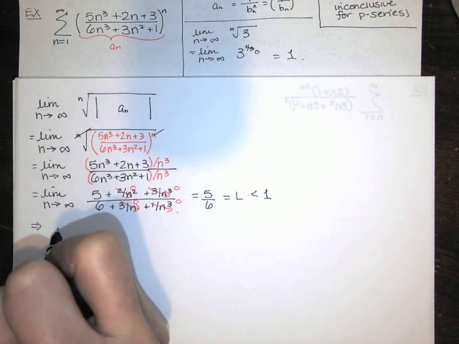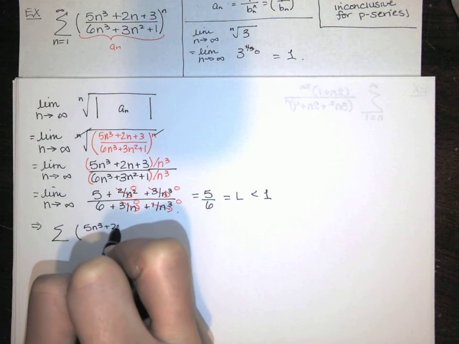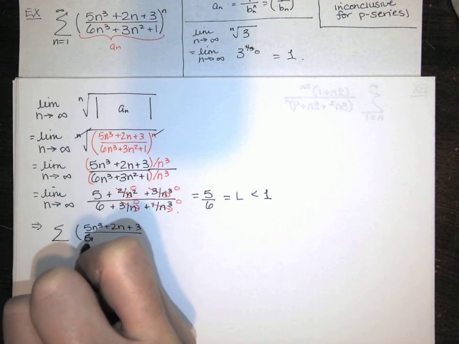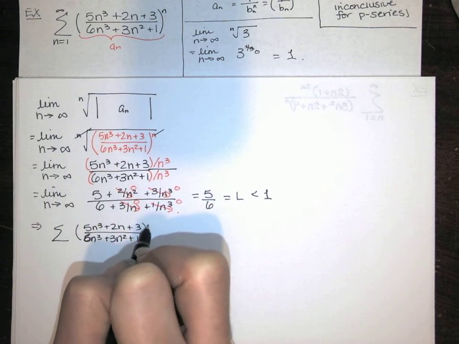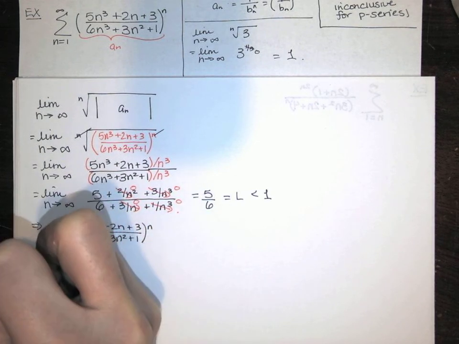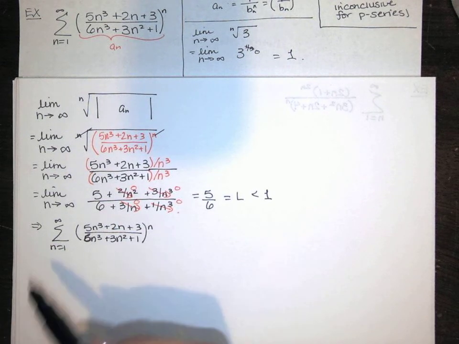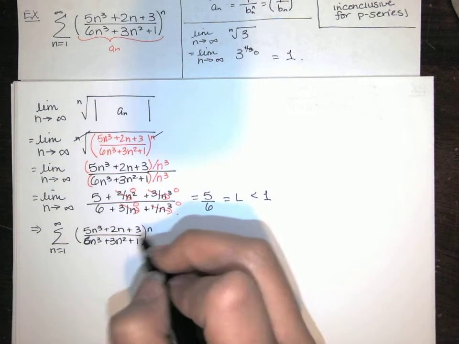So the series that we started with, up 6n cubed, this series is absolutely convergent. It doesn't really mean much because there's no negative terms. It's convergent.